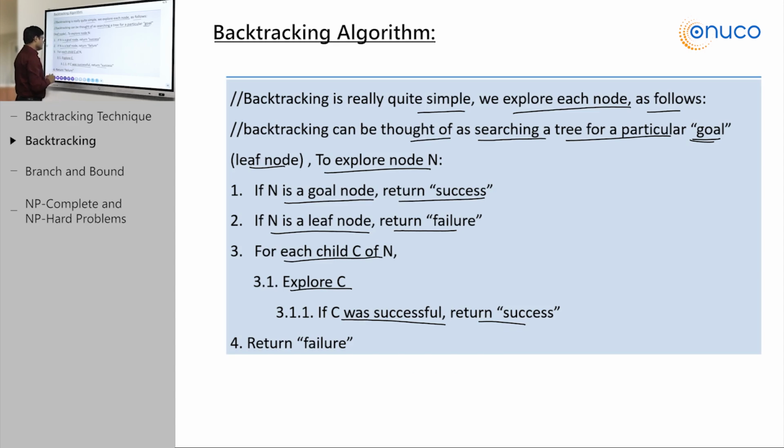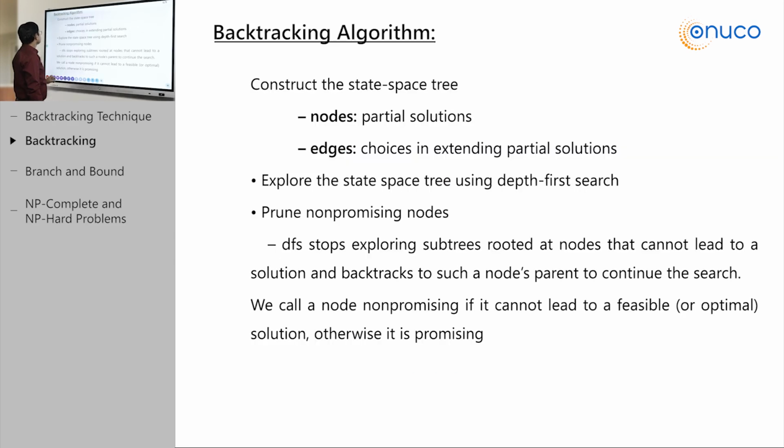Otherwise, return failure. So in this part you check whether the child node of the given parent node leads to the solutions; if yes, it is a success. Otherwise, if it fails, we go back to the parent node position, the previous level, and try to find any other child node which leads to a particular solution.